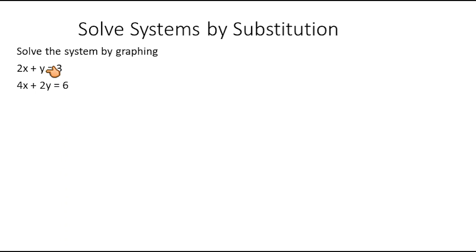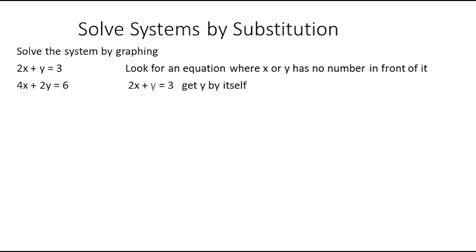It doesn't have a number in front of it. So we want to get it by itself. So we're going to take this 2x and move it, so we subtract it onto the other side, and we get y equal negative 2x plus 3.